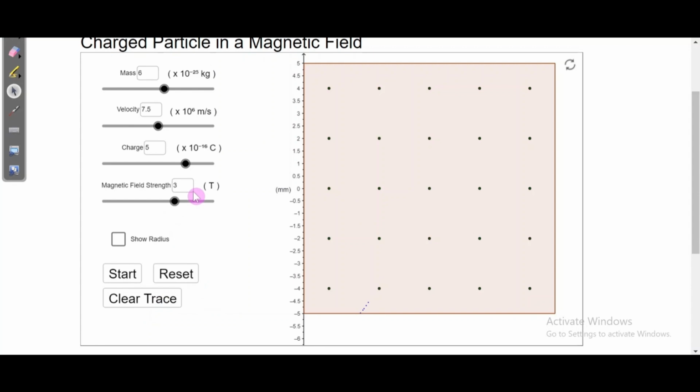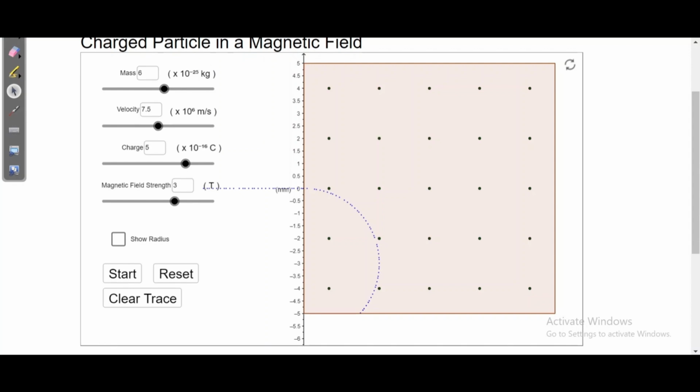We discussed that if we inject the electron from this side toward this magnetic field, which is directed from your screen towards you, the direction is this, and if the electron enters this magnetic field, the force F will be exerted on it and it will change its path.